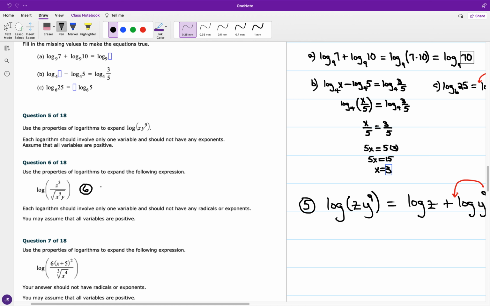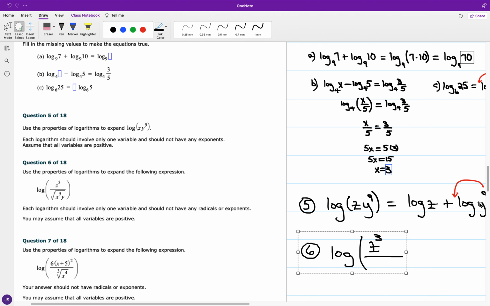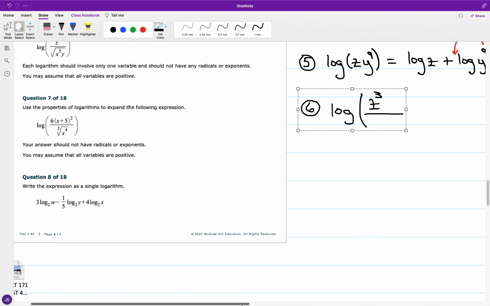With the way this radical is laid out, it's a bit of a needle to thread. So you have z cubed over the square root of x to the fifth times y.